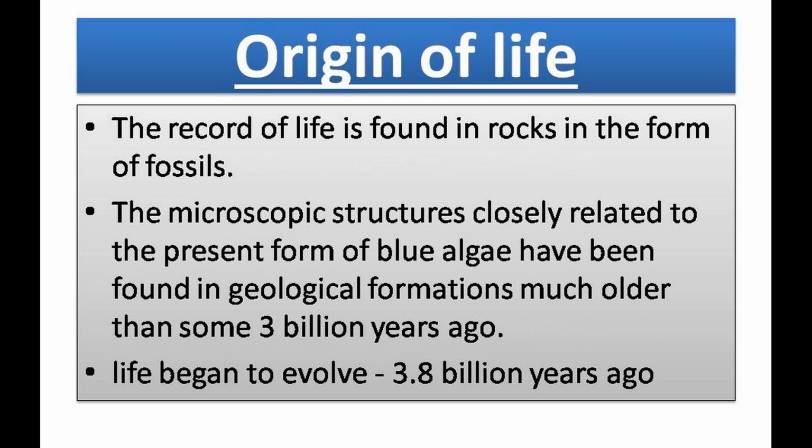The microscopic structures closely related to the present form of blue algae have been found in geological formations much older than some 3 billion years ago. It can be assumed that life began to evolve sometime 3.8 billion years ago.